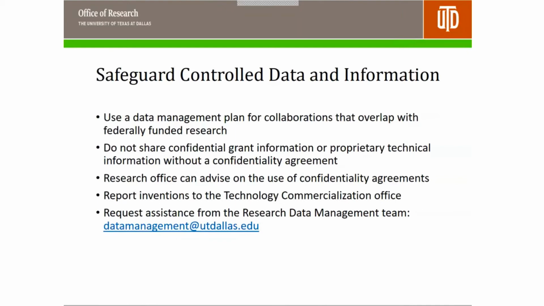That can be part of your reporting to the federal funding agency in terms of, hey, I started this collaboration, it overlaps with my funded project. And so we can meet their expectations of transparency and show that we're being good data custodians of the information that they're asking us to collect, the research investigation they're asking us to perform.